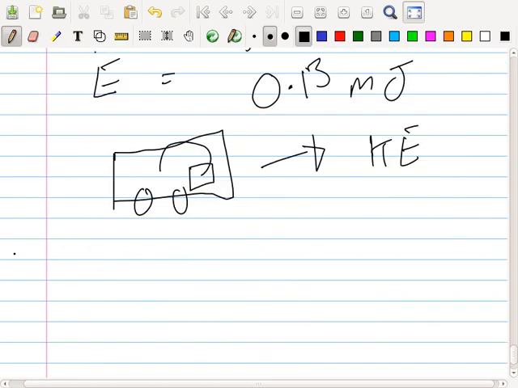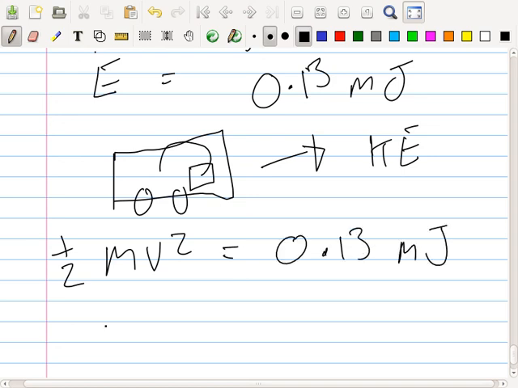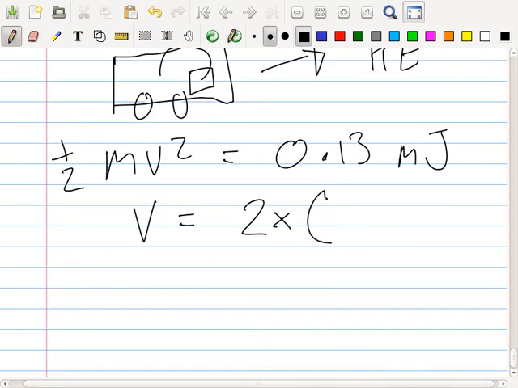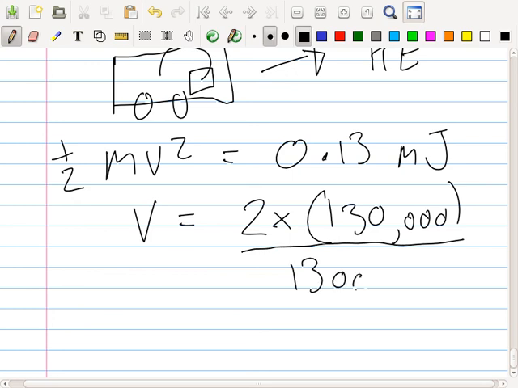So that's a half m v squared, which should equal 0.13 megajoules. So that means v should equal the square root of 2 times 130,000 divided by, what did you say, Jing Dong? 1300 kg? 1.6 ton.